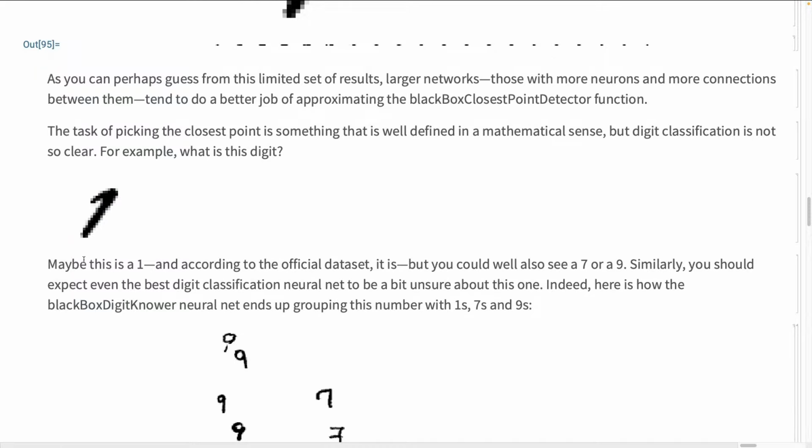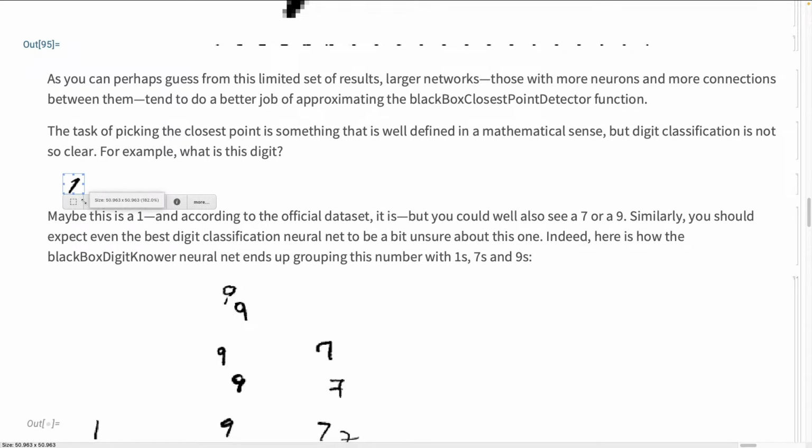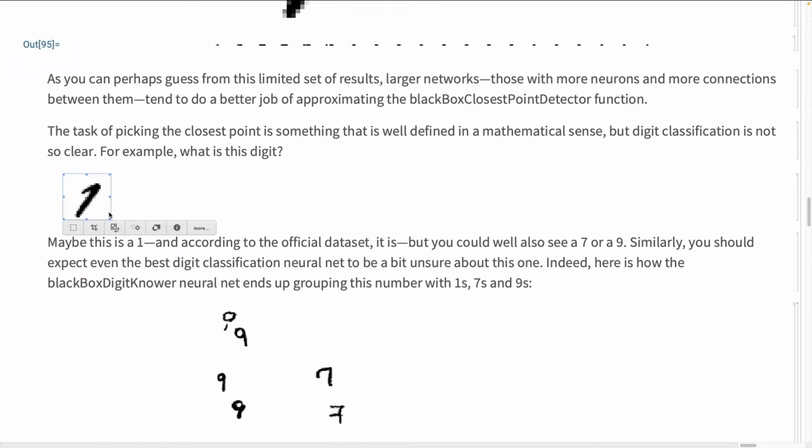But it could be a 7, and it could also be a 9, where the loop is really scrunched up, right? And pixelated. You could see somebody writing a 9 that looks like that. So it's not really well defined that this, mathematically, is a 1. The person meant to write a 1, so we need some sort of model which can emulate human-like tasks to recognize that they probably meant to write a 1, even though it could be a 7 or a 9.